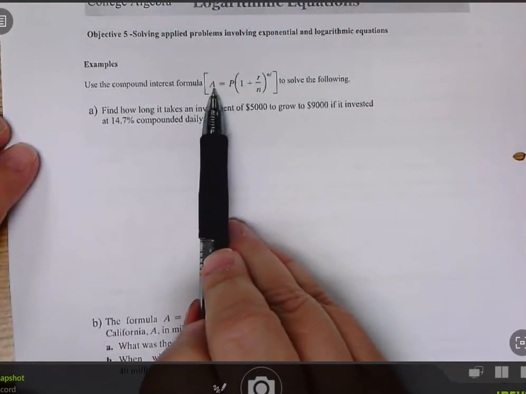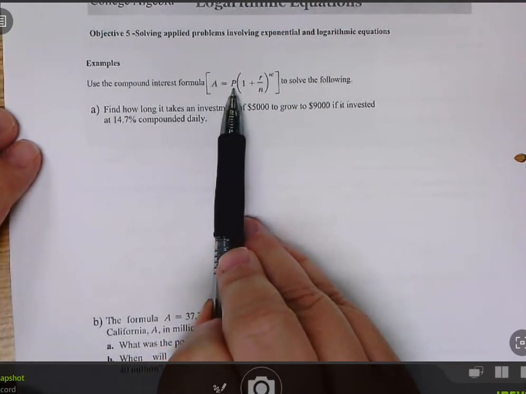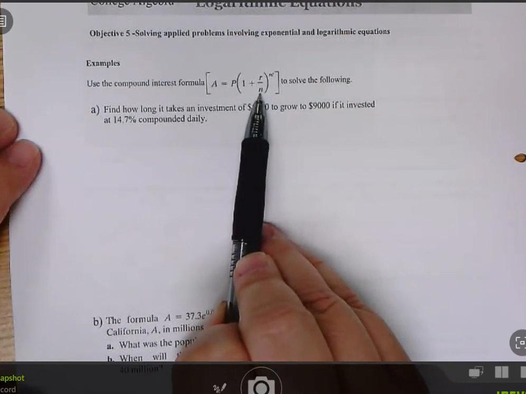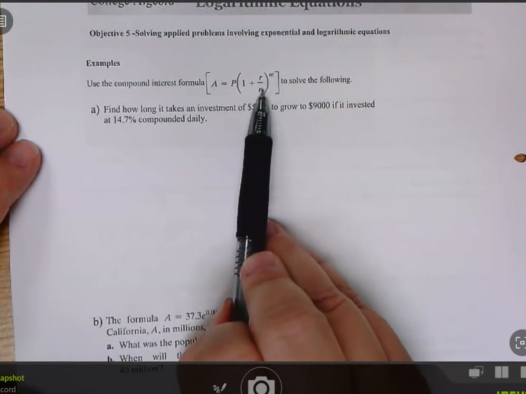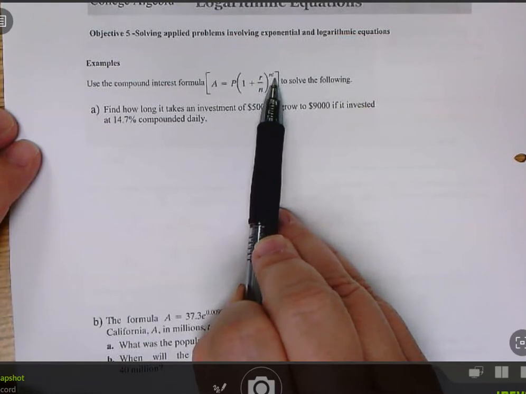Remember that A is usually what we say final amount. P is the principal, which means the original amount invested. R is the rate, meaning the annual interest rate, for the whole year. N is the number of times per year you're calculating the interest, or compounding. And T is how long this investment is happening, how long you leave your money in there.